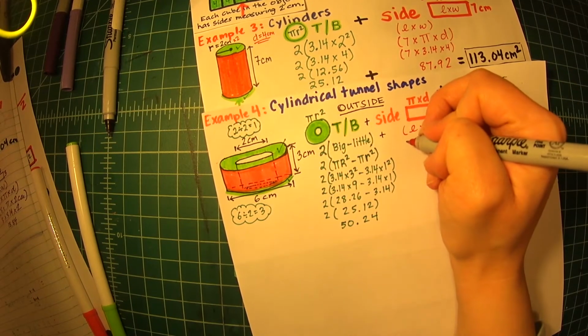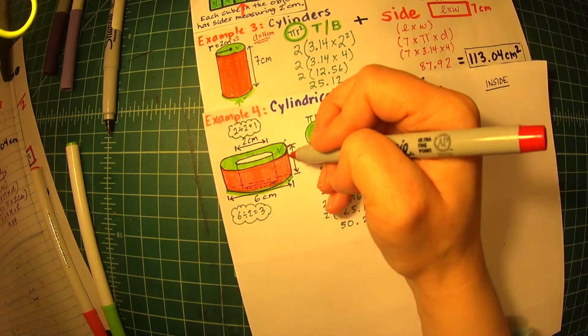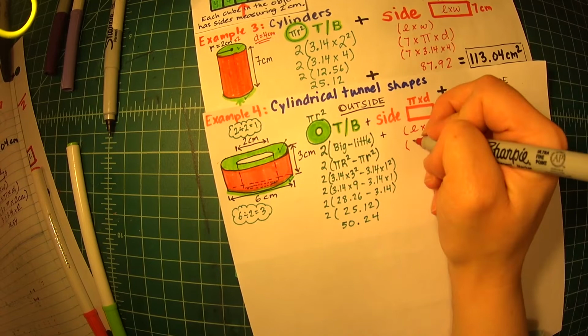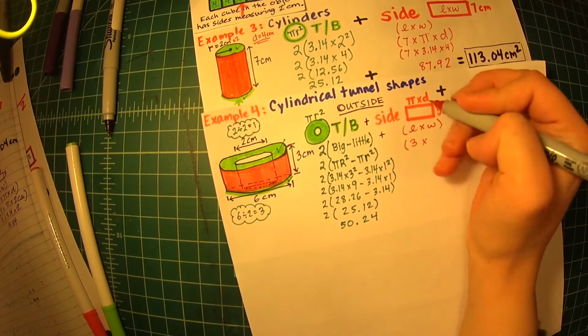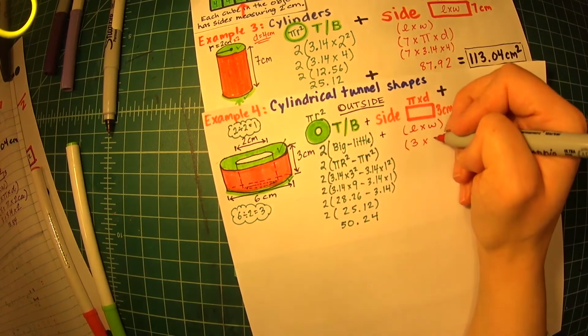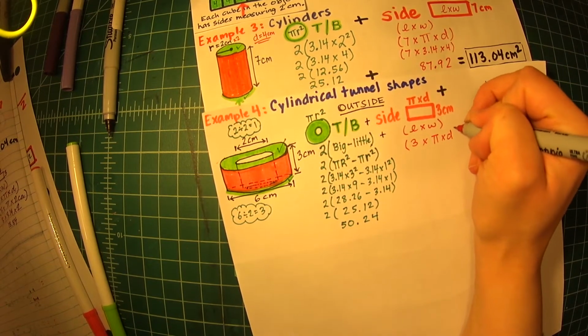So the length stays the same. The length of this cylinder is still going to be the length of this rectangle times the width. That's the circumference. That's the part that wraps all the way around. So times pi times diameter.